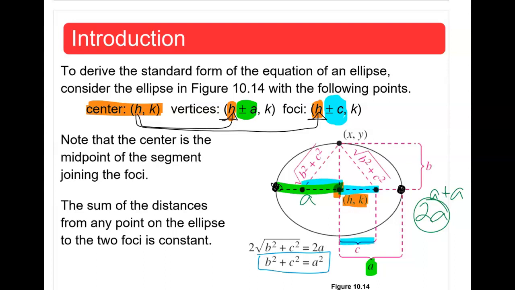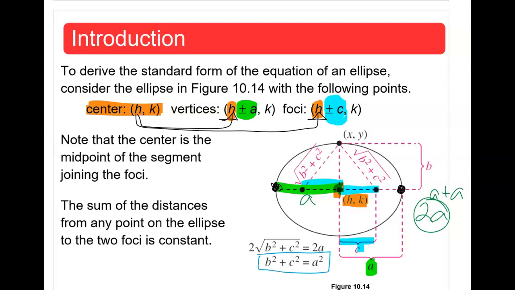And you can see that here. That will be the value for c. Sometimes you will be given a, sometimes you will be given b, and you will have to find c. Or you may be given b and c and you have to find a, or you may be given c and a and find b.